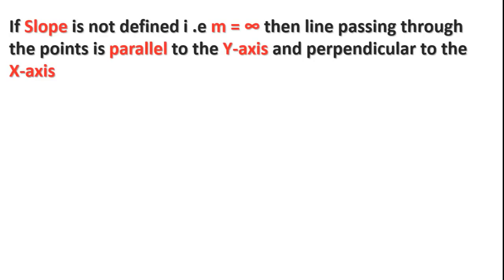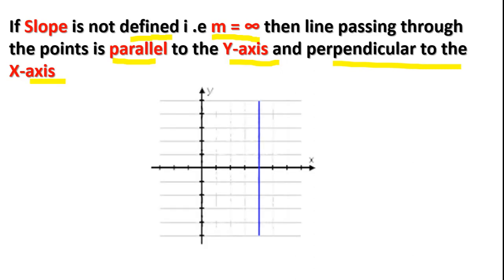And next condition, slope is not defined. Not defined in the sense that it leads to infinity, that is m equal to infinity. Then the line passing through the points is parallel to the y-axis. How is the graph? Parallel to the y-axis and perpendicular to the x-axis. Look at the graph here. That's quite different, quite opposite to the previous condition.